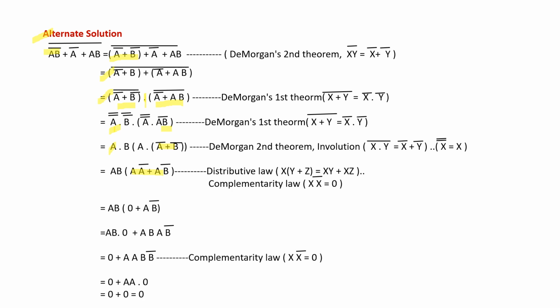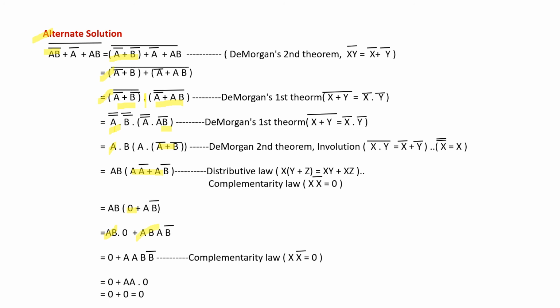According to the complementarity law, we know that x AND x complement is 0. So we substitute that for A and A complement, and we end up getting the part which is A AND B AND 0, ORed with A AND B AND A AND B complement.